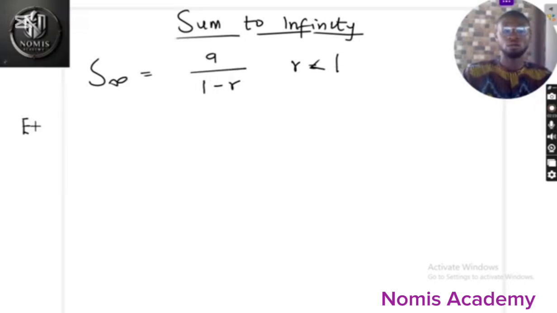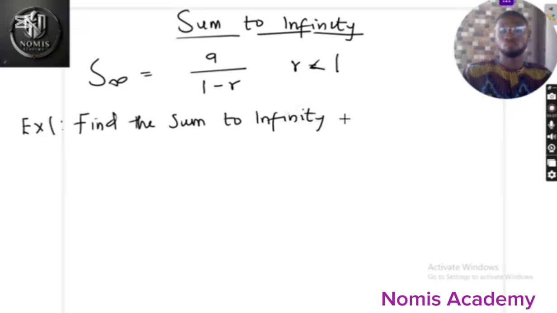Example number 1. Find the sum to infinity of the following GP.